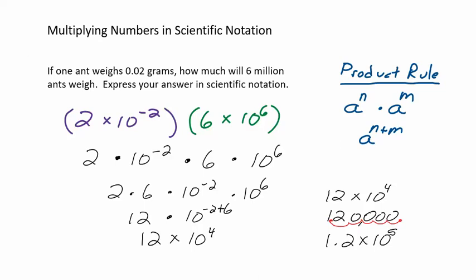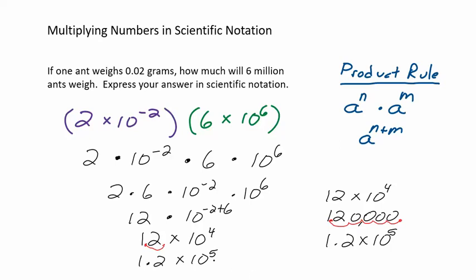But as you get used to working with this, you can see that, okay, I have 12 here. I need this to be between 1 and 10. So if I move my decimal one place this way, then I'm going to get 1.2. But that's going to mean instead of moving the decimal 4 places to the right to get the answer, I'm actually going to now have to move the decimal 5 places to the right.